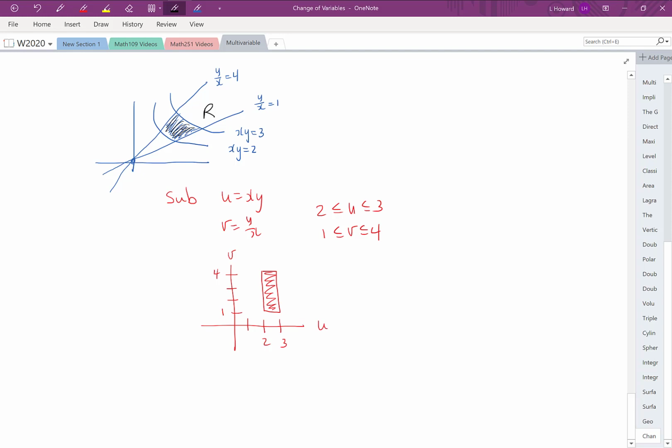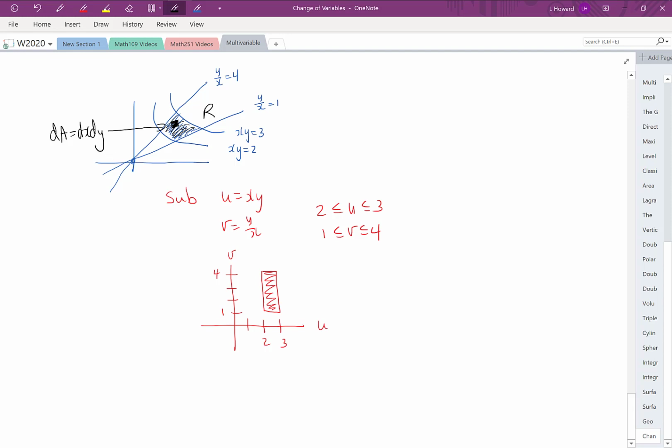So let's make this idea a little bit more specific. Let's say you take a little tiny rectangle in your first region R, and the area of that rectangle we're going to call dA. So dA is just our dx by dy.